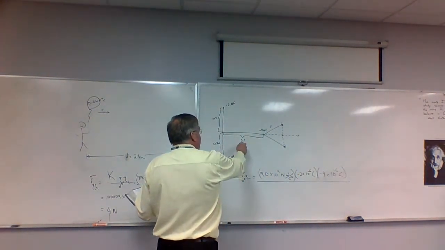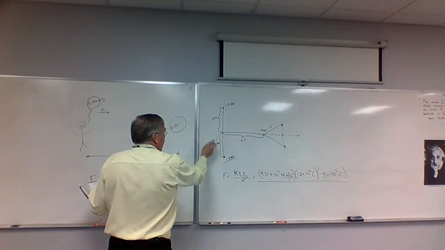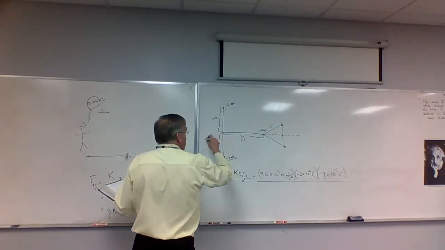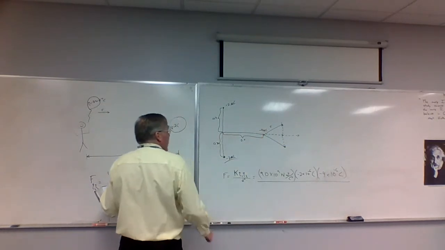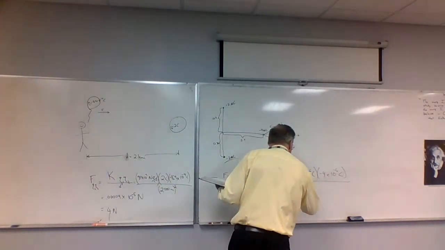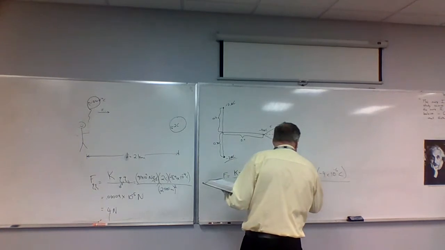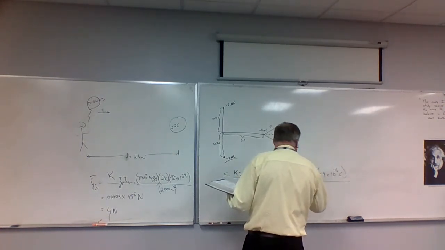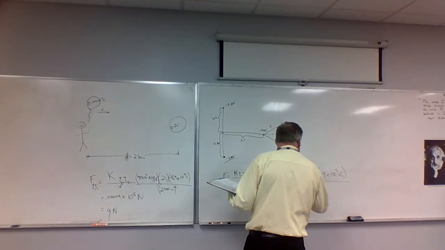Well, that distance is a squared plus b squared, the square root of that. So I'm going to just do that. The square root of 0.3 squared plus 0.4 squared.